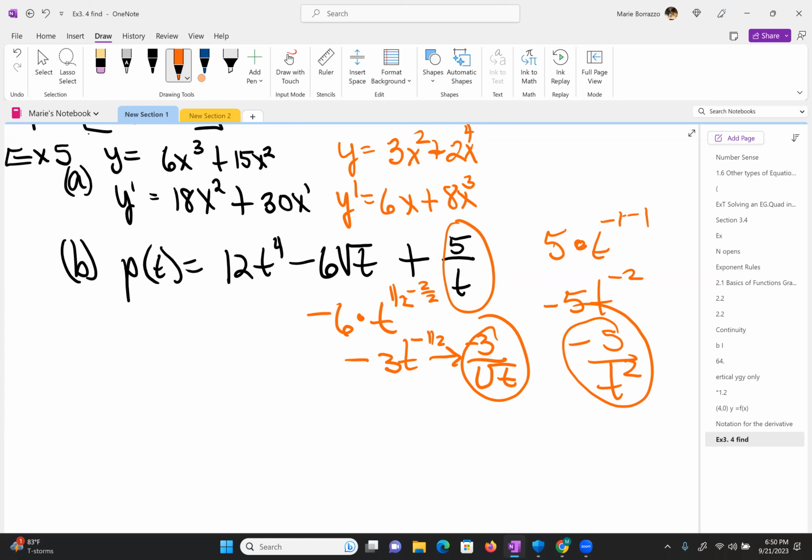Yeah. So this is the first derivative of p of t. Well, that's simply 48t to the third power minus, again, 3 over square root of t, and this becomes minus 5 over t squared.